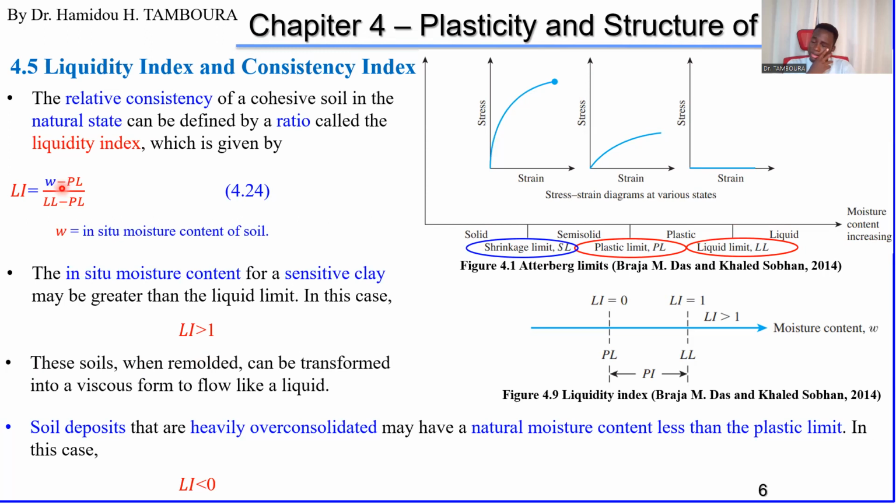Normally it should be something small minus something greater. It obviously will be negative, right? That's why we will have the liquidity index in that case smaller than 0. That is the meaning.